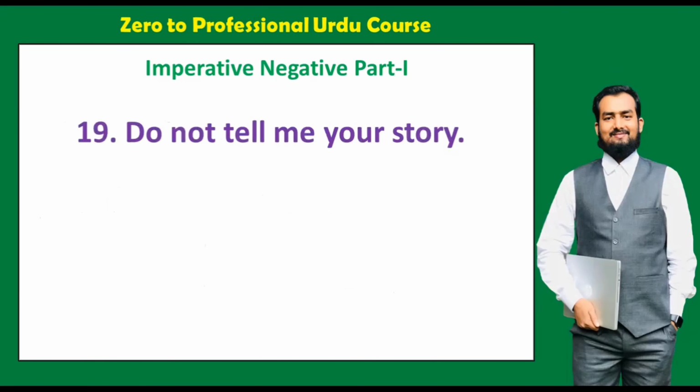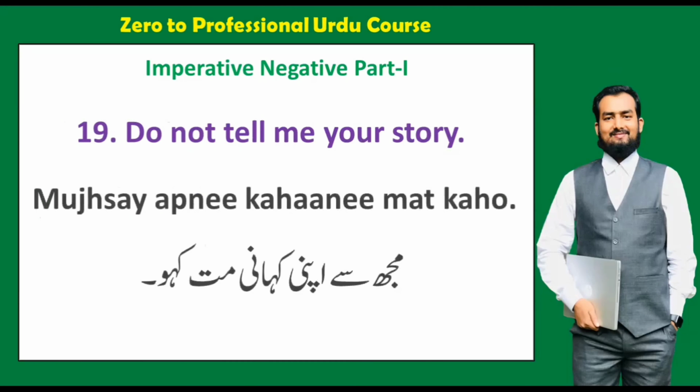And the next sentence is, do not tell me your story. Here we will say मुझसे अपनी कहानी मत कहो. मुझसे actually means from me, tell from me. अपनी कहानी, your story. The word कहानी is used as feminine, that is why we say अपनी कहानी. मत because of do not, कहो, tell.